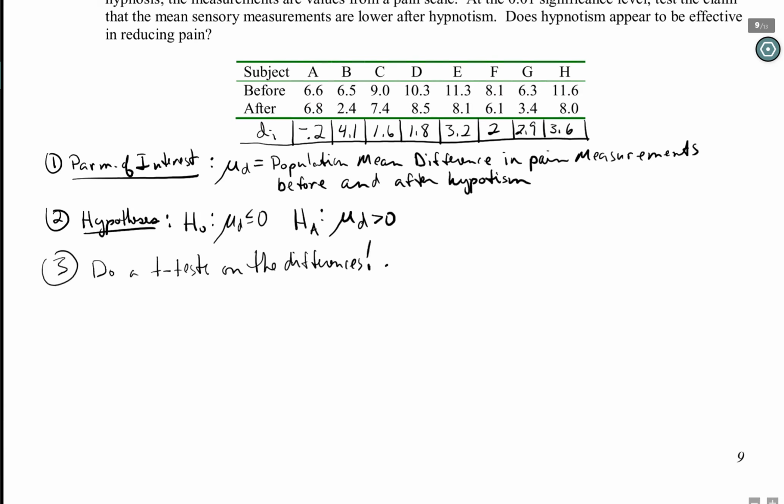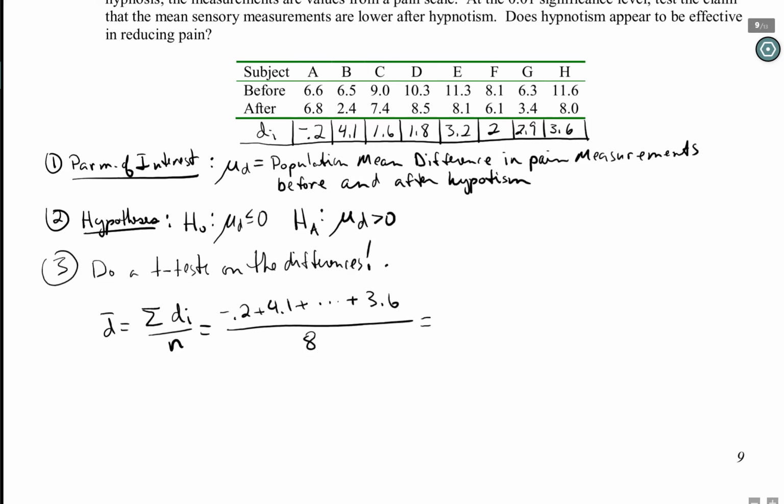So if you want to first compute d bar, you would add up the differences, divide by n. So you'd have negative 0.2 plus 4.1 plus dot dot dot plus 3.6, all that divided by, let's see, how big is our sample size? It is 8.